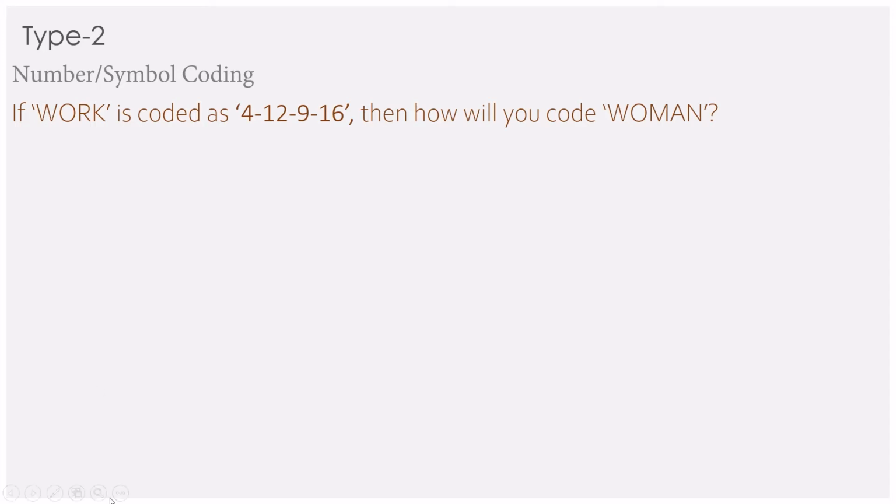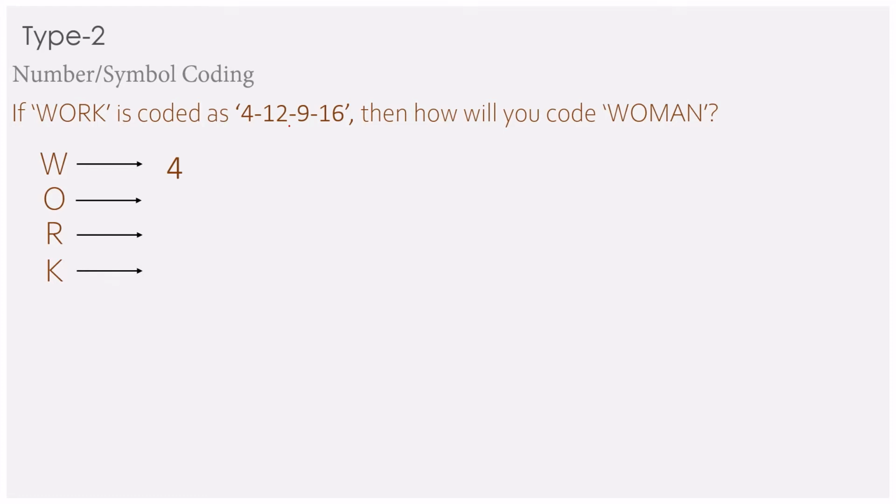So I need you to just do some work over here. Write WORK individually in a tabular form or anywhere, and write 4, 12, 9, 16 by removing these marks over here. If you want, you can keep those arrow marks, that's your wish.